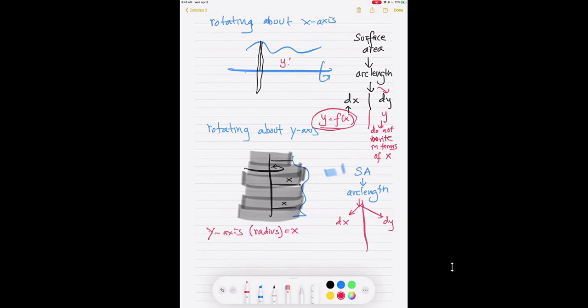So if I'm going to use the integration with respect to dx for arc length, then I just keep the radius as x. If I'm going to use this one, then I need to write x in terms of y.